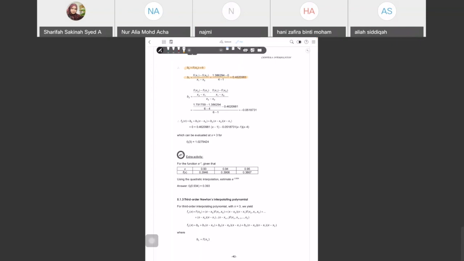If you look at the explanation just now, we can see that the value of b2 also uses the value of b1 here. Then you do your calculations, so make sure you get the same answer. And then finally, put everything in your Newton interpolating polynomial formula. Then finally, when you substitute the value of x equal to 3, you get your answer.